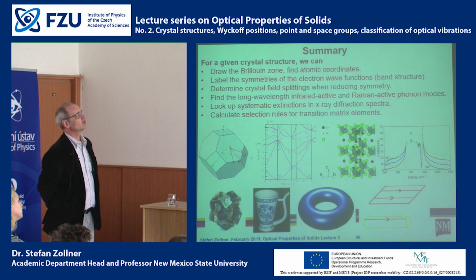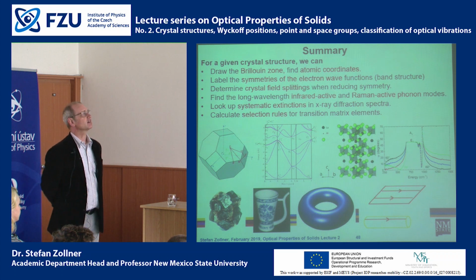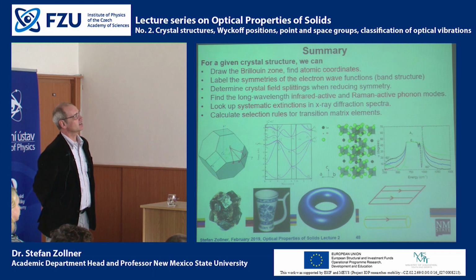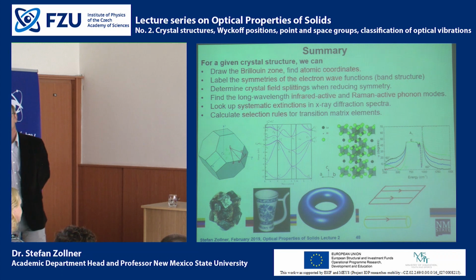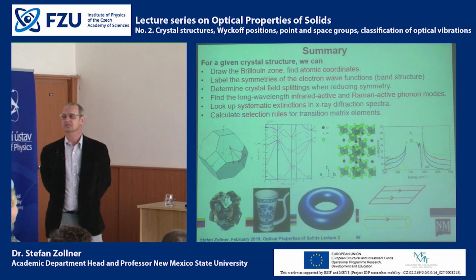We've labeled the symmetries of the electron wave functions, and we've looked at the band structure of a couple of materials, and we've seen that when the symmetry of a crystal is reduced, then this leads to crystal field splittings. We've looked at symmetry and group theoretical methods to describe the infrared and Raman active phonon modes in crystals, and we have looked at a variety of other selection rules in X-ray diffraction spectra.